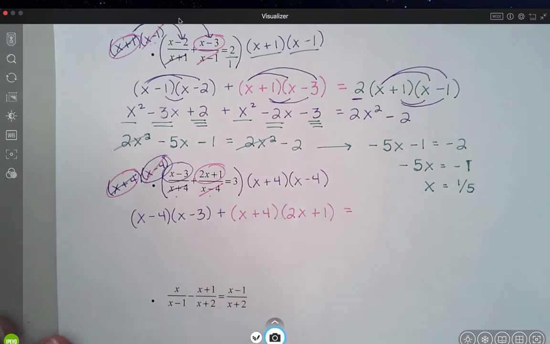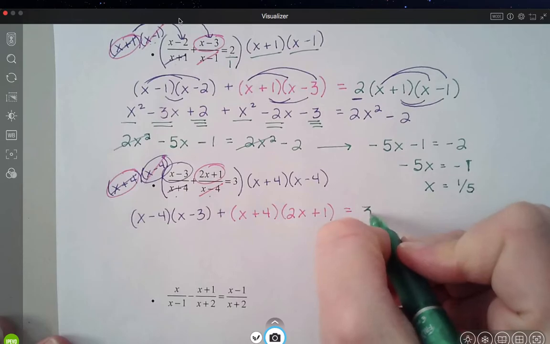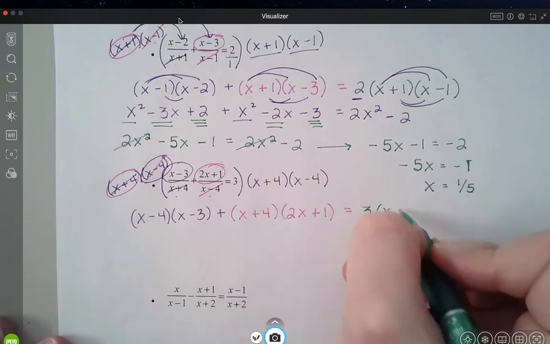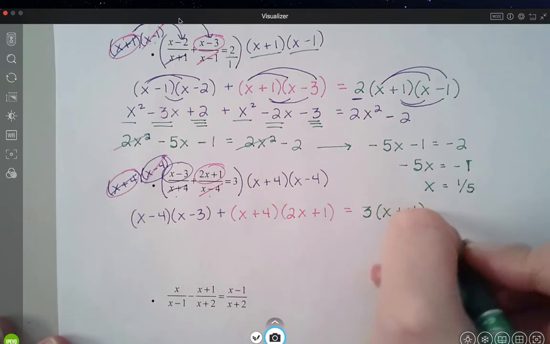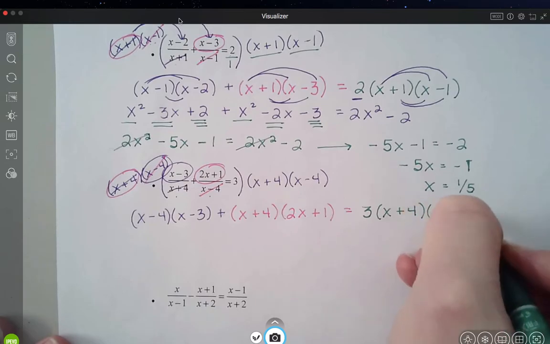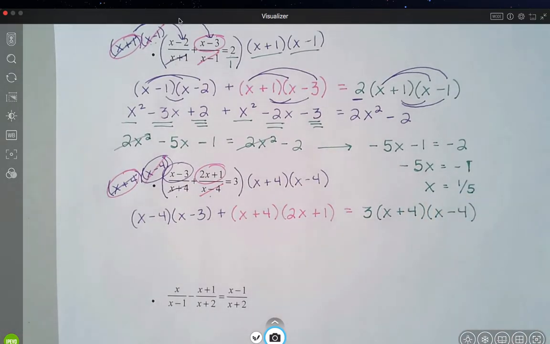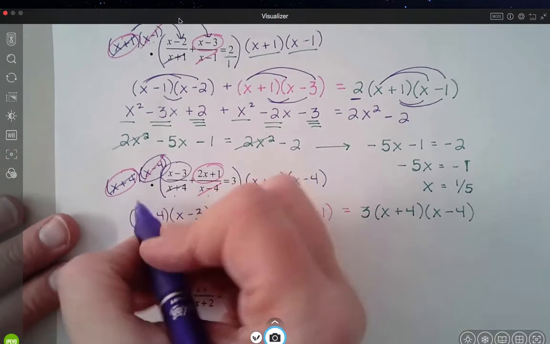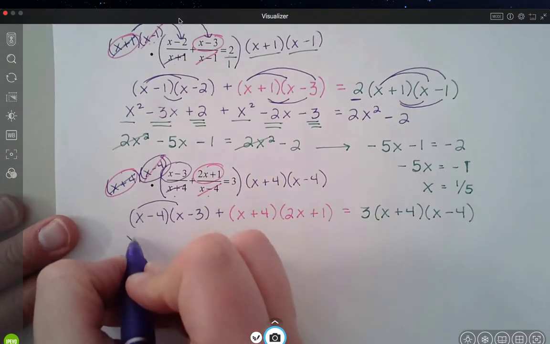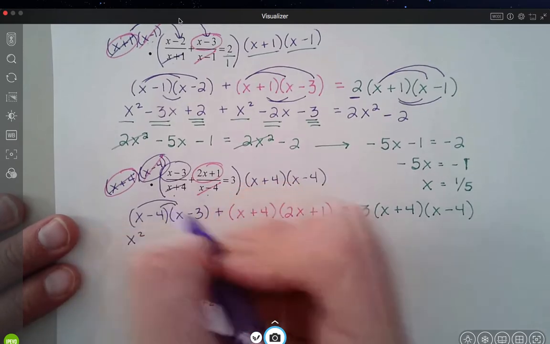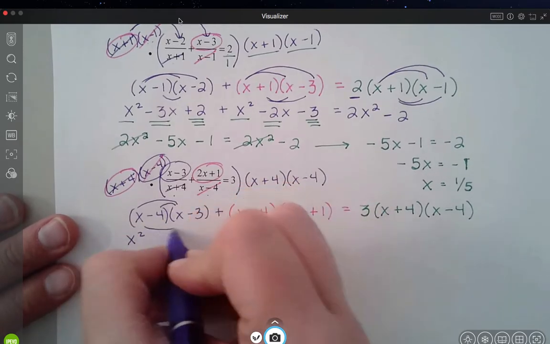And on the other side, I have, trying to stick with my colors here, 3 times x plus 4 times x minus 4. Now I'm going to go through and do all my FOIL. So x times x is x squared, minus 4x minus 3x.